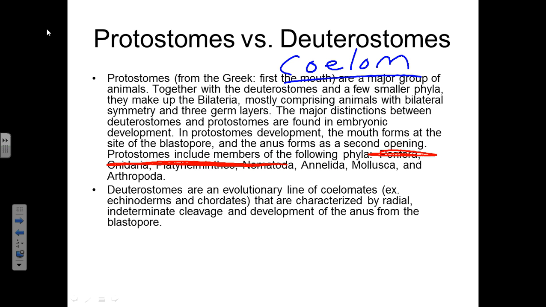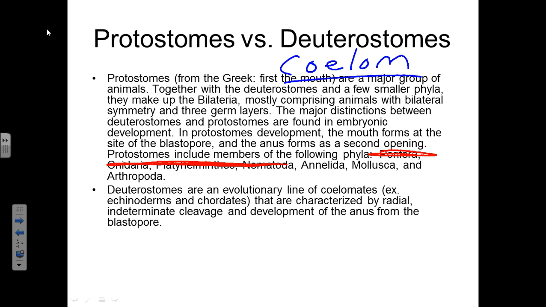And what this means, because our embryos develop in such a similar way, is that other than the other vertebrates out there, according to biologists, your closest relatives are things like starfish and sea urchins. Take away the other vertebrates, your closest relatives are starfishes, sea urchins, and sea cucumbers.